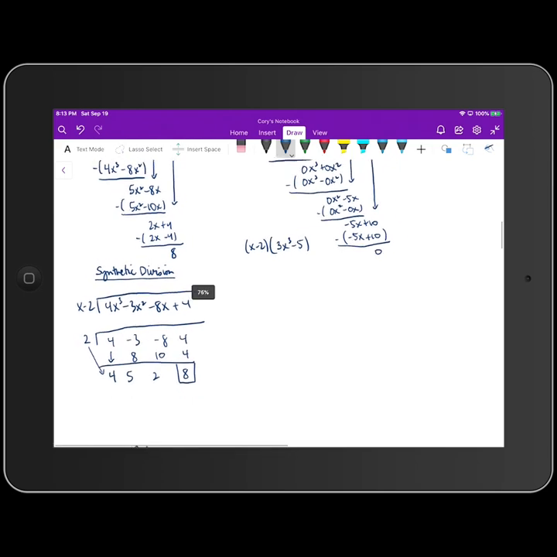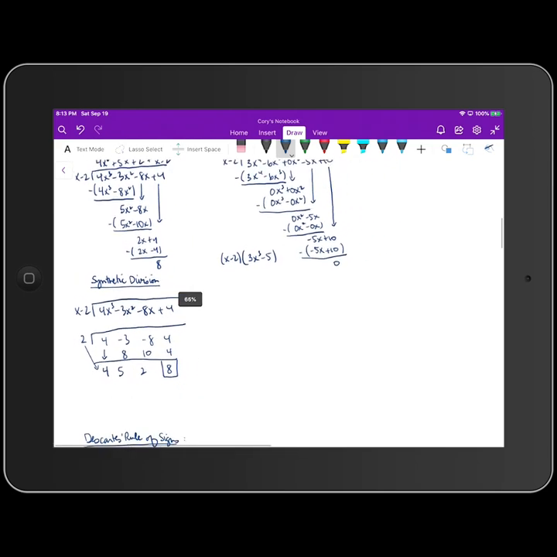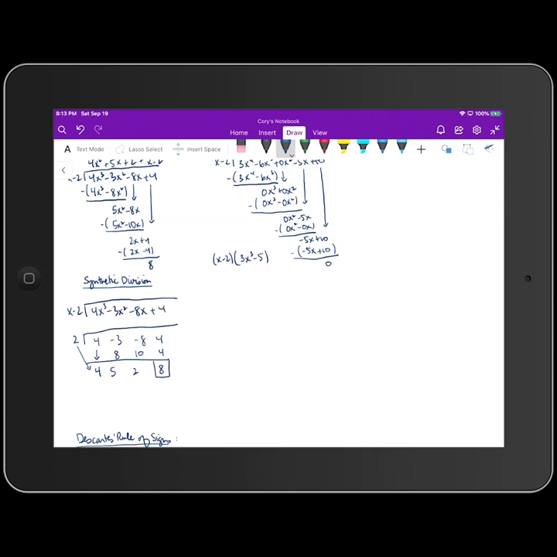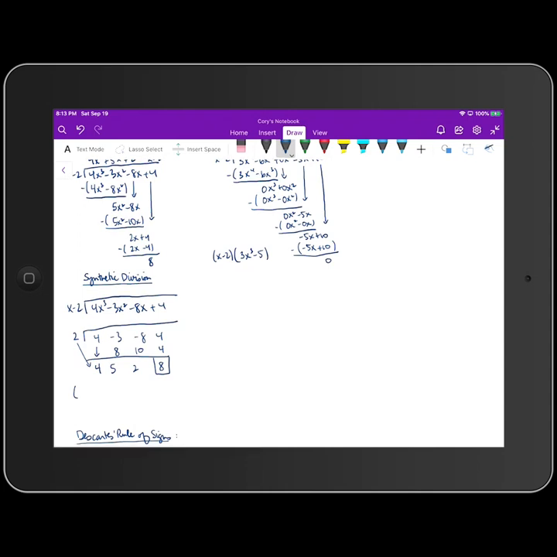Okay, so again, because we get a remainder of 8, that tells us that x minus 2 is not a factor. But if we wanted to take a look at what we get when we divide x minus 2 into that polynomial, we're going to get x minus 2 times these values that we get here, which are going to be coefficients for our remaining function.